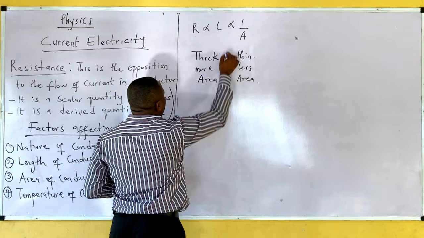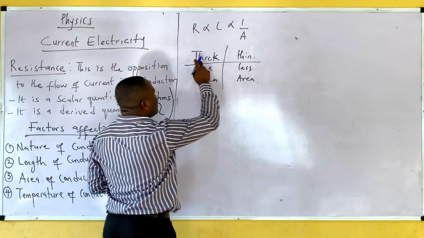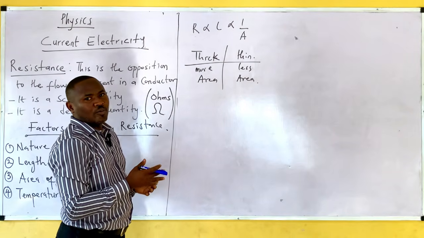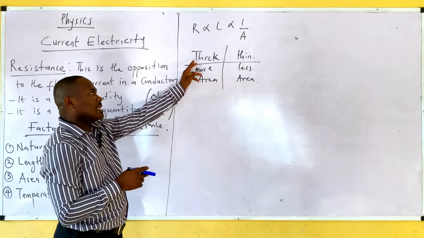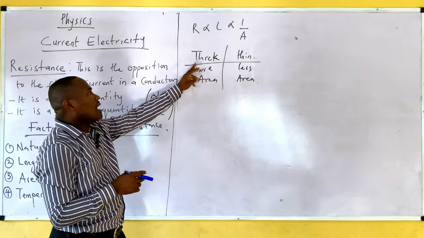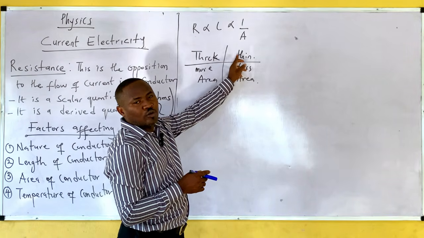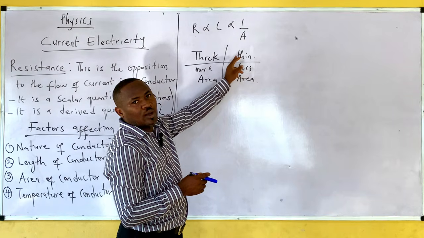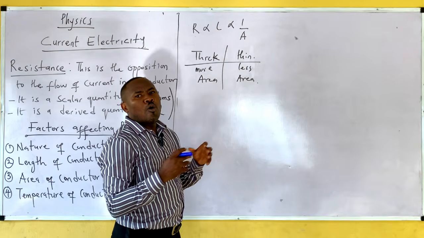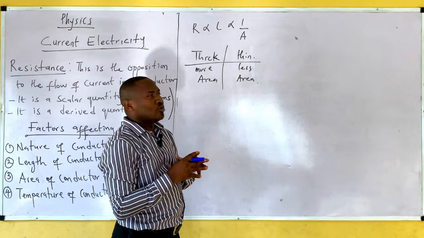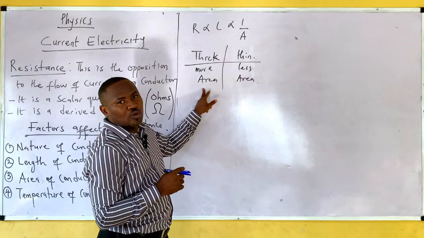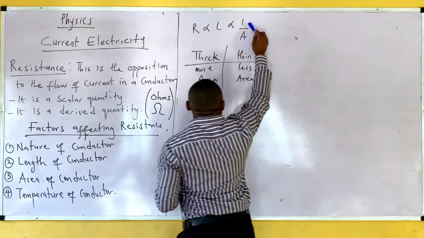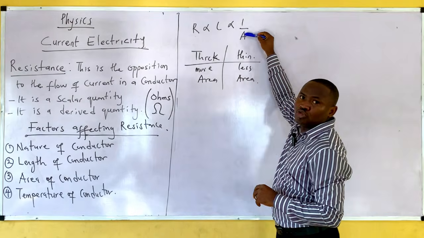So now take note, a thick wire has more area, hence there will be more flow of current in a thick wire, and there will be less flow of current in a thin wire. So it means that a thin wire will show more opposition to current flow compared to a thick wire. So it means that resistance is inversely related to area.